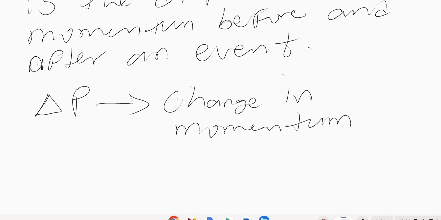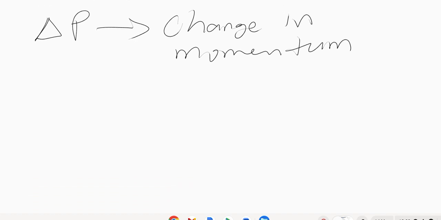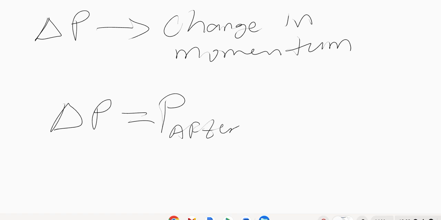And then, if we were to write it in terms of the full formula, we'll have the change in momentum equals the momentum after an event minus the momentum before an event, right? That's how we write it.